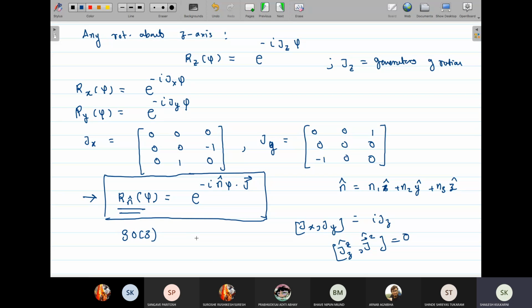I think you know that the eigenstates of these operators J square and Jz are given by |l m>, right? This you know. For l equal to 1, there will be 3 states.